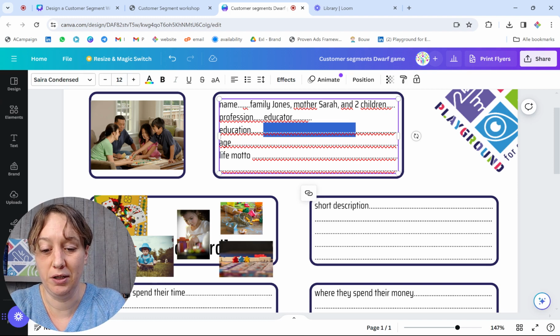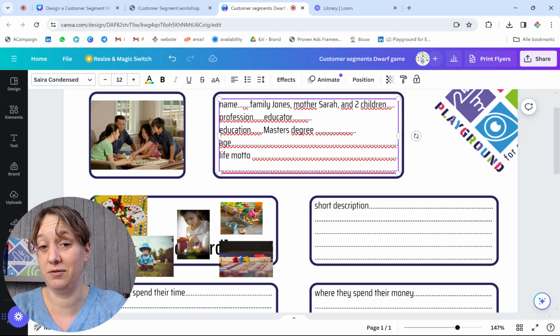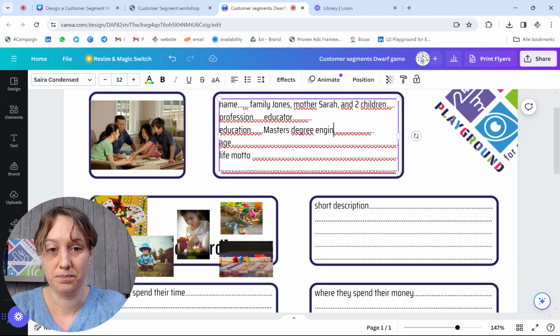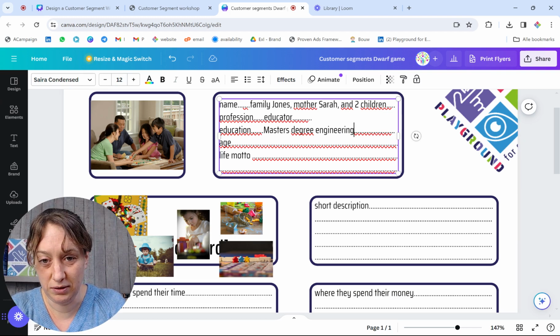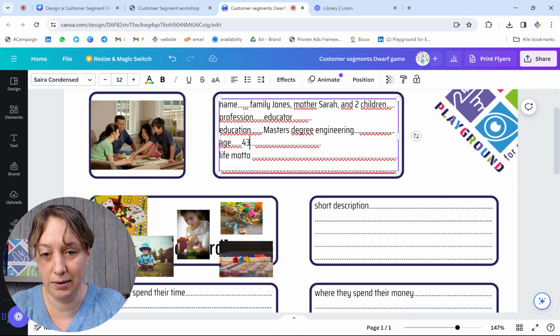And her education is a master's degree. Now we could define that. Maybe it's a master's of engineering, just to make sure. And her age is about, let's say, 43.